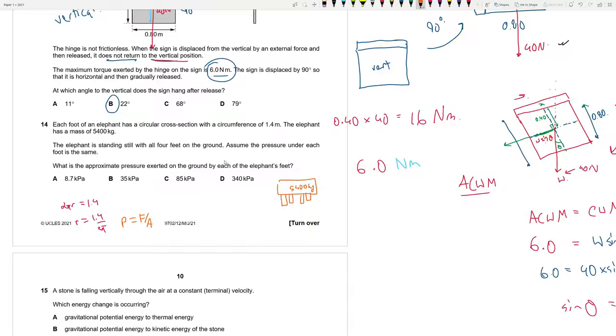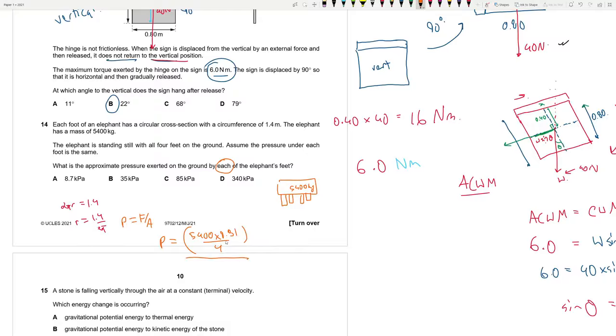Since we want to find out the pressure exerted by each foot, we want to know how much load each foot is taking. So each foot is taking a force of 5,400 into 9.81 divided by 4. This is the force or load taken by each foot.